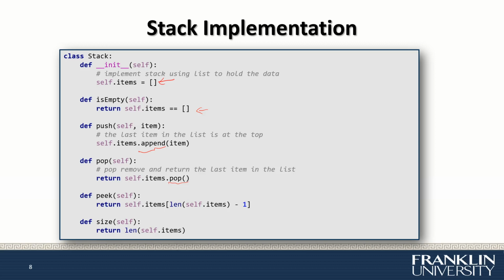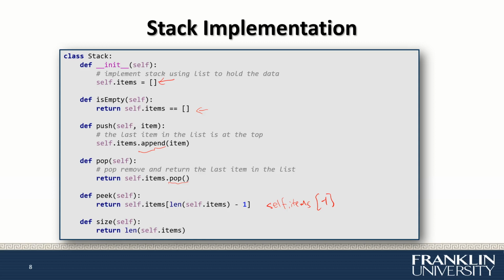And to peek, I can return the last item. In this one here, you could actually just use self.items sub -1, which will return the last item in the list. That would also be equivalent.